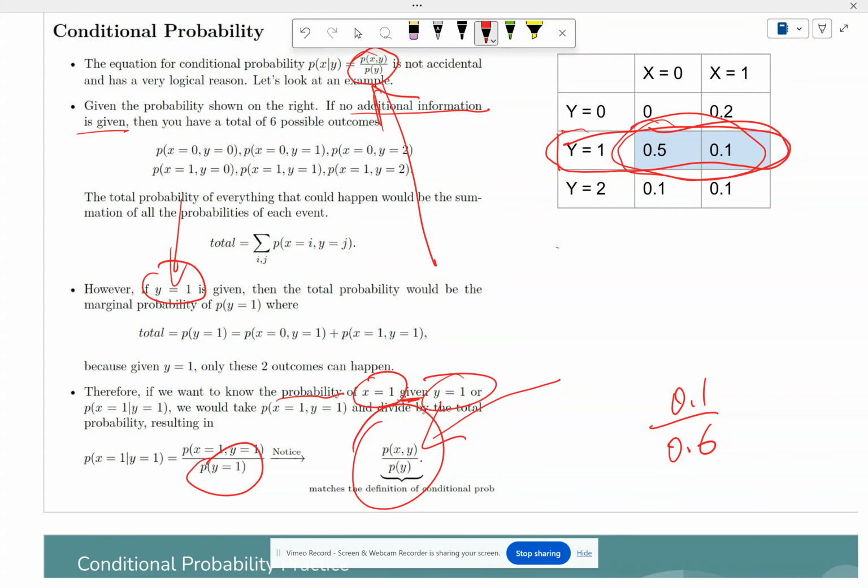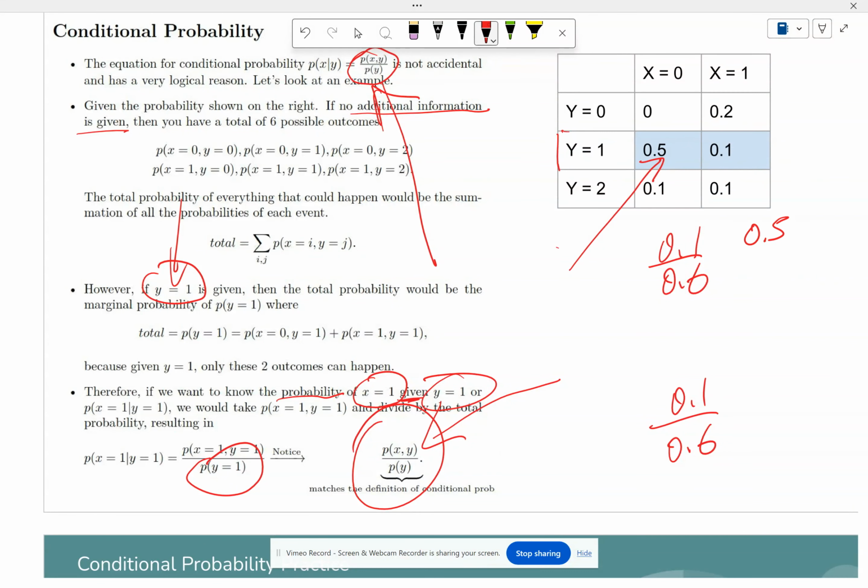This is 100%. And therefore, if you are only finding this out of 100%, you need 0.1 divided by 0.6. Or if you want to find this out of the 100%, then it's going to be 0.5 divided by 0.6. So that's how conditional probability is derived and comes about.